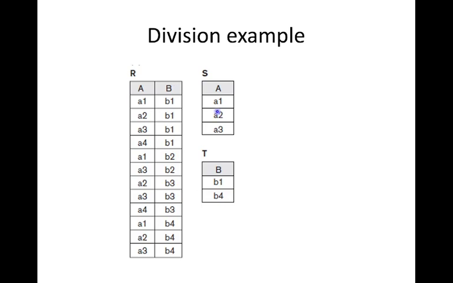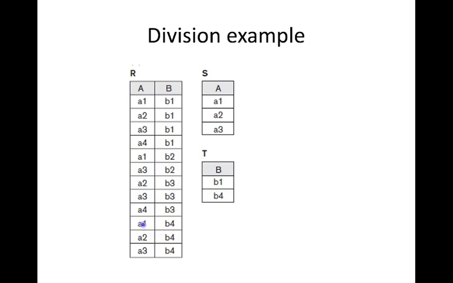Now how to divide this thing? When we want to divide, we have to find the rows which have all these combinations A1, A2, A3. So for A1, A2, A3, we have B1. So A1, A2, A3 is present for B1. For B2 it is not present. For B3 it is not there because A1 is missing.